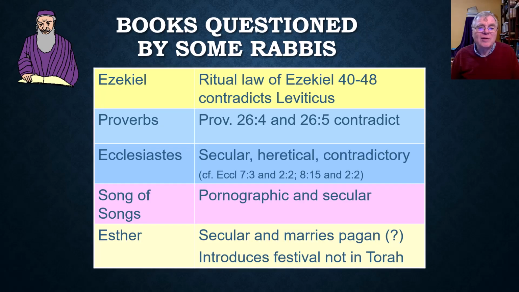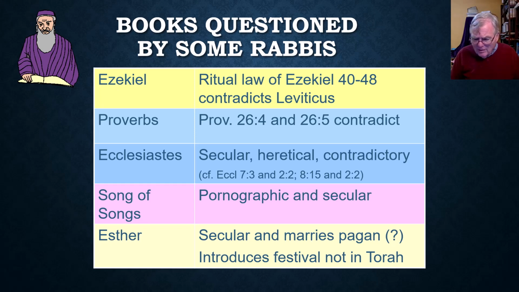One of the books is the book of Ezekiel. The reason the rabbis who question this book give is that it has some ritual law in the description of the temple in Ezekiel 40 through 48, a future temple. But that temple's instructions are in some ways hard to reconcile with Leviticus.